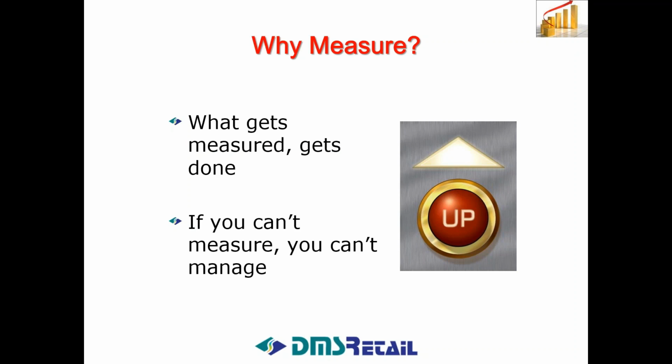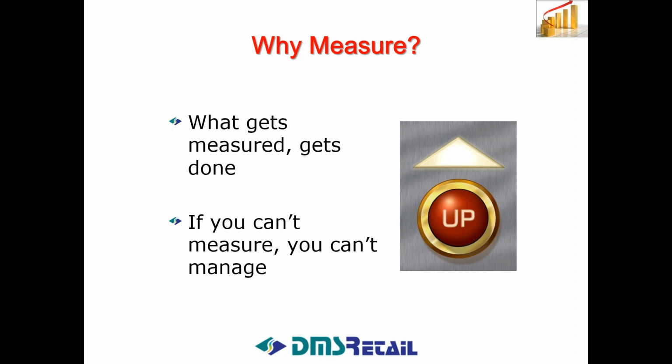And number two, if you can't measure, you can't manage. Number two is probably more important, because if you can't measure, you really don't know where you stand, whether it's improving or not improving. You have no idea, because either you're not measuring it or you can't measure it for some reason.